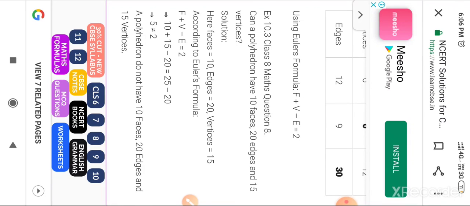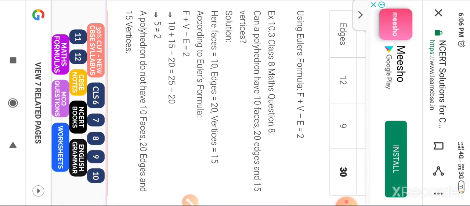If Euler's formula is verified, then it can be a polyhedron, otherwise it cannot be a polyhedron. So after putting all the values, the left side and right side have different values. So a polyhedron does not have 10 faces, 20 edges and 15 vertices.